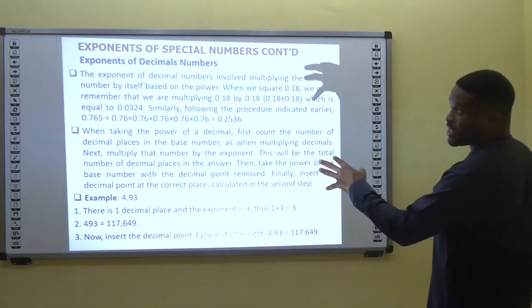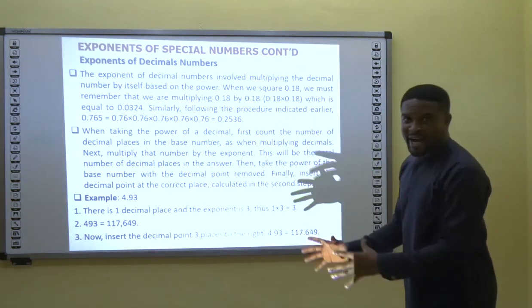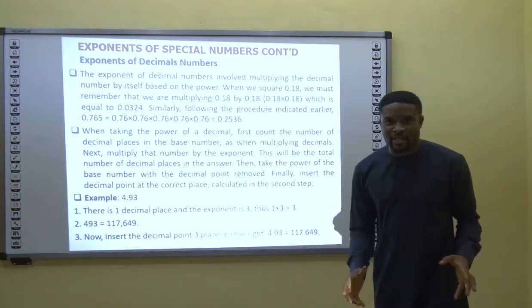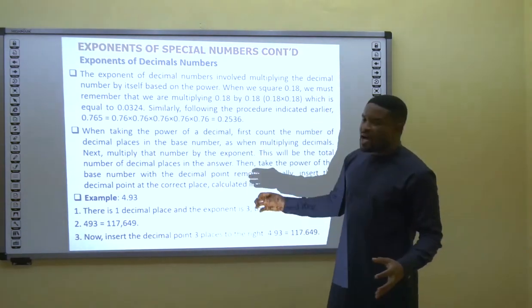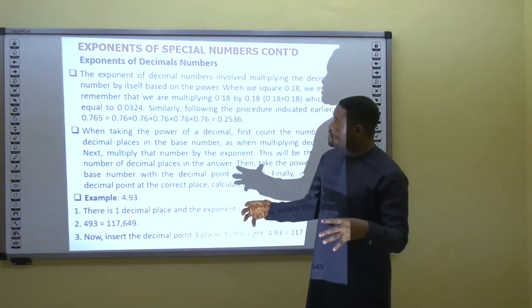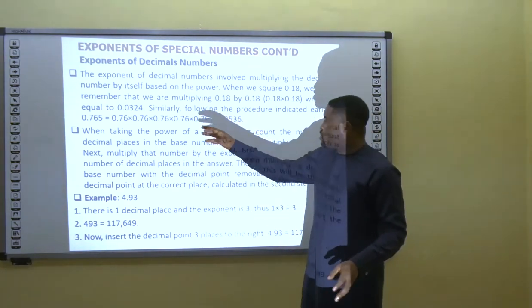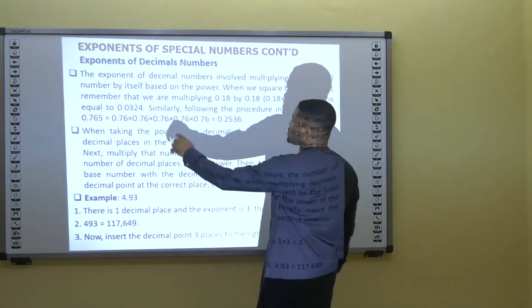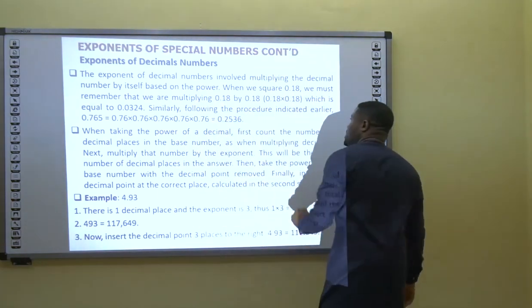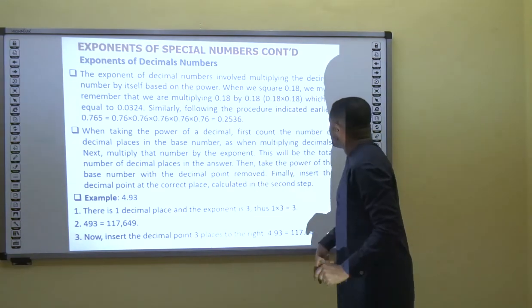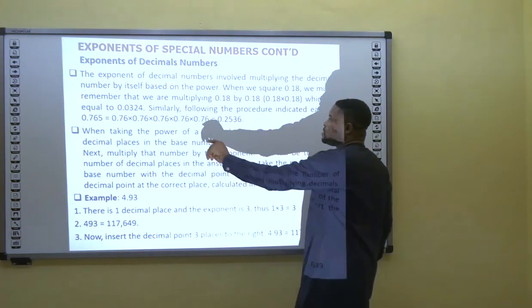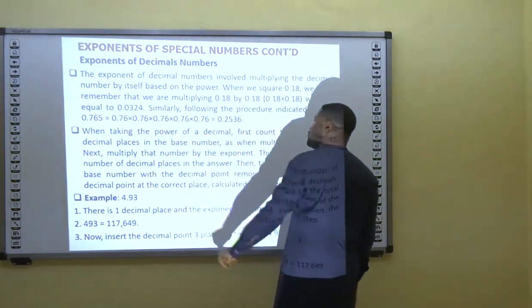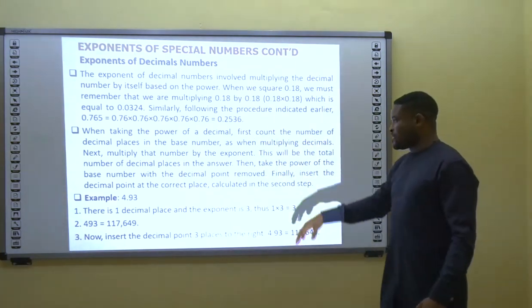Then we have exponents of decimals. What we mean by exponents of decimals is simply that you can have decimals that are raised to a certain power, and you just multiply them as you go along. In this case, we have 0.18 multiplied by 0.18, which is going to give you 0.0324. It's just a similar process.